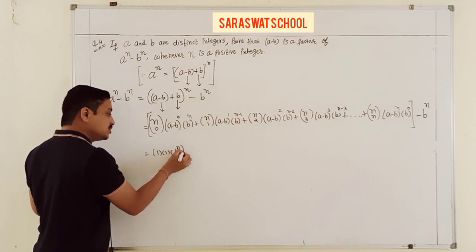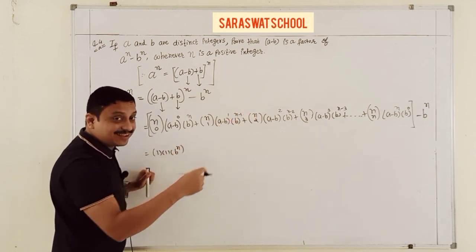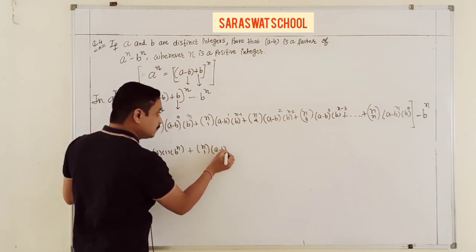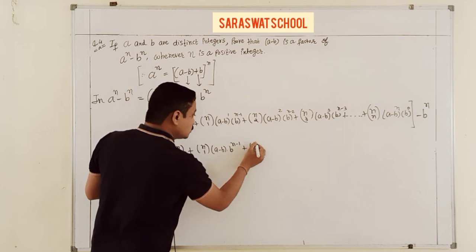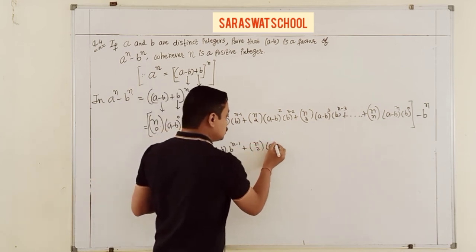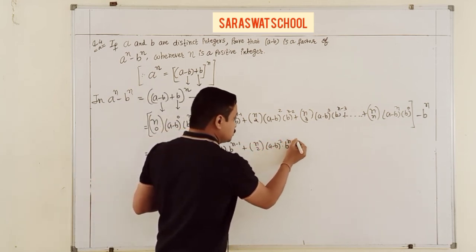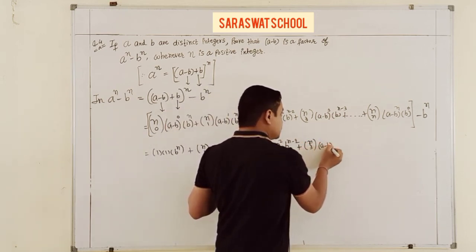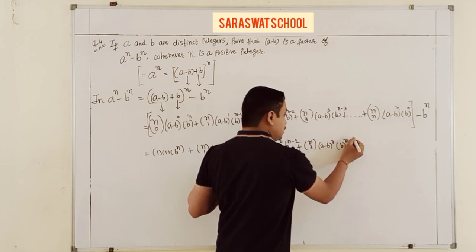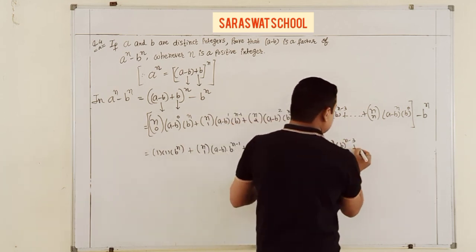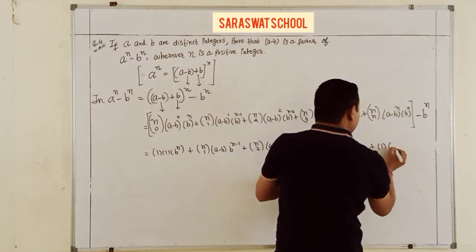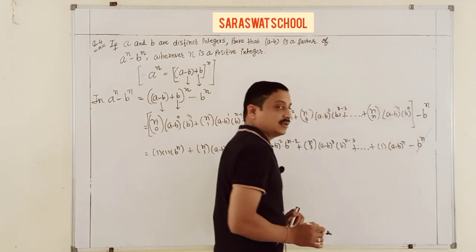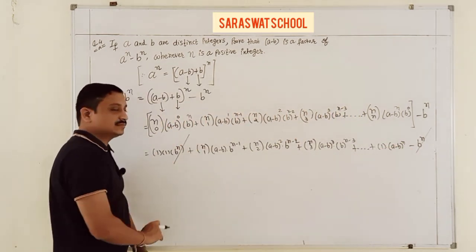So here 1, b raised to n, and this b raised to n cancels with the last one, and here as it is nC1 b raised to n minus 1, nC2 b raised to n minus 2, nC3 b raised to n minus 3, plus nCn is 1 and (a minus b) raised to n, and minus b raised to n, the same as this, so that and this cancel.